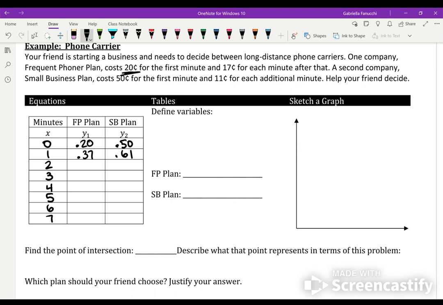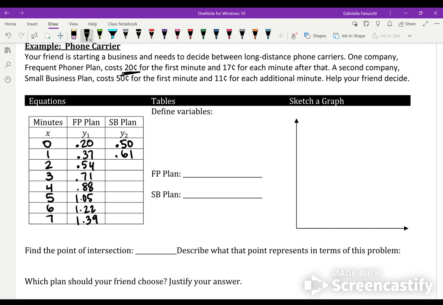So I'm going to just go ahead and do these. If you were to put this in the calculator, this is what you would get. So when I finish this up, for 7 minutes, it's going to cost $1.39 for the frequent phoner plan.